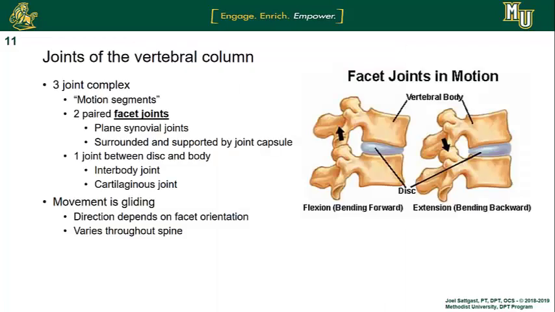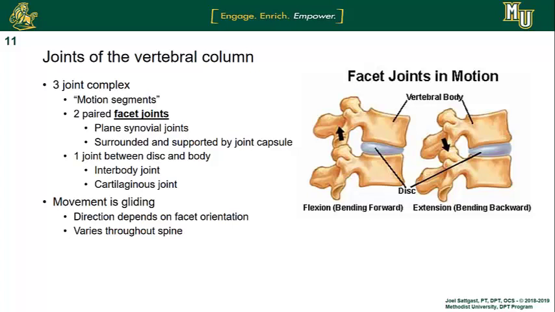The joints of the vertebral column are really 3 joint complexes, or what we might refer to as motion segments. You have 2 paired facet joints, as well as the joint then between the disc and the body. So the facet joints are the superior facet of the vertebra below and the inferior facet of the vertebra above.